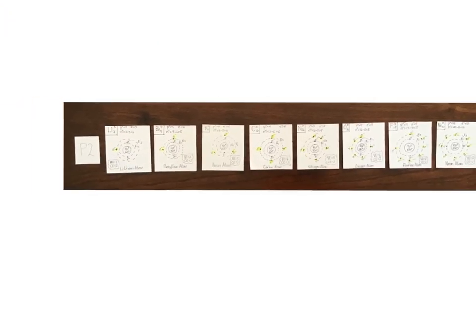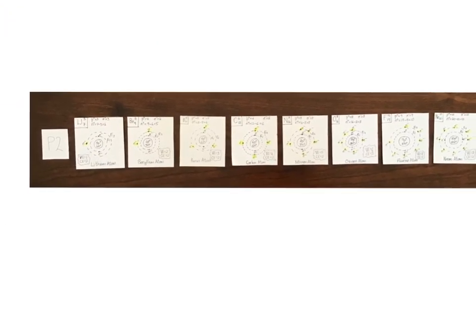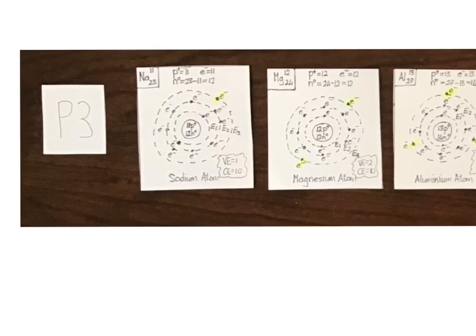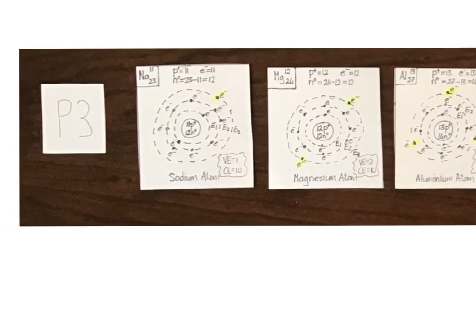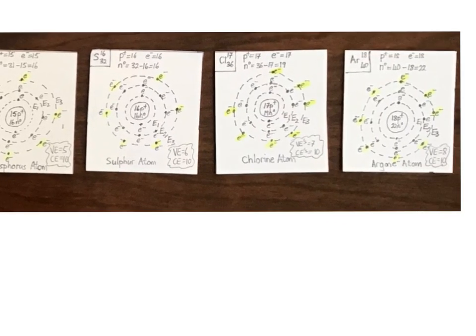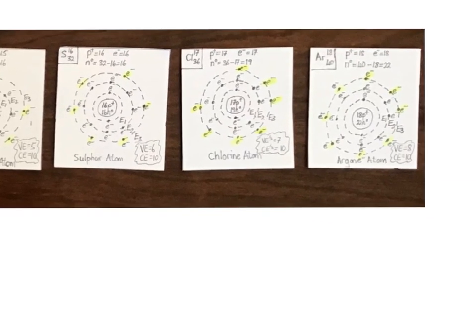So let's now move to period number 3. In period number 3, we find that the atoms here each have 3 energy levels: energy level 1, energy level 2, energy level 3, and this is true for all of these atoms in this period. They have only 3 energy levels: 1, 2, 3.